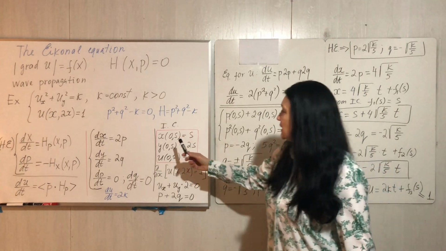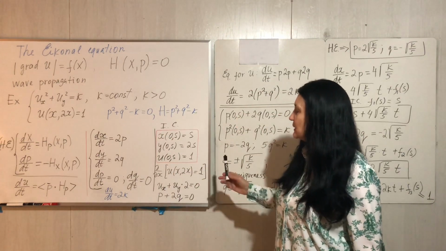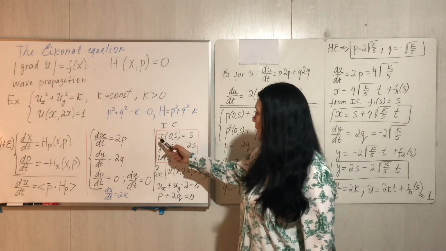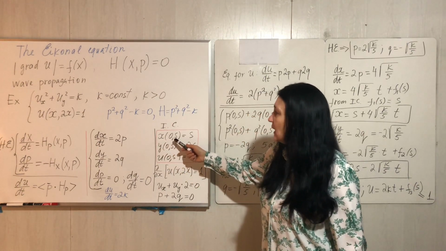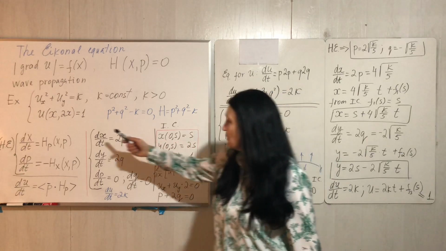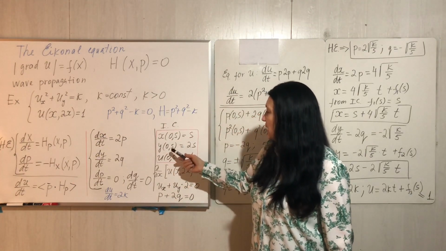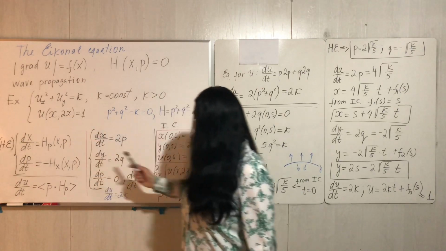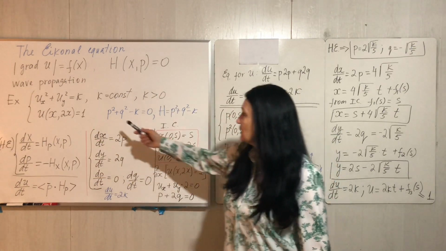The first three we write in the same manner as we did for quasi-linear equations. So we have x at (0, s) would be s, y at (0, s) would be 2s, and u at (0, s) is 1, right?